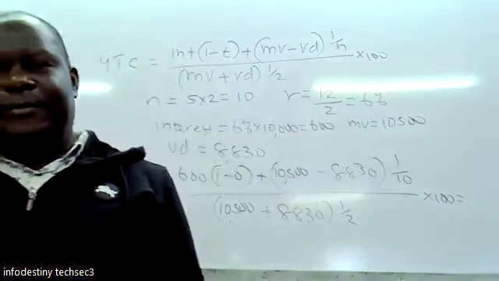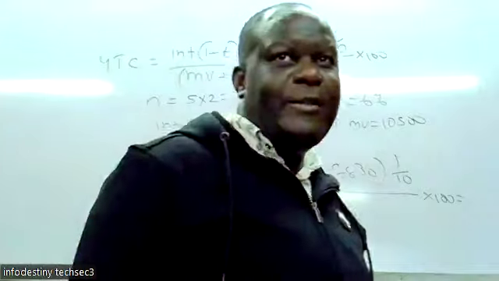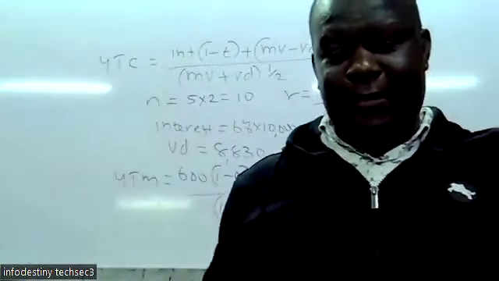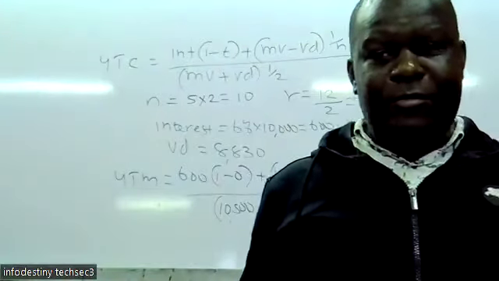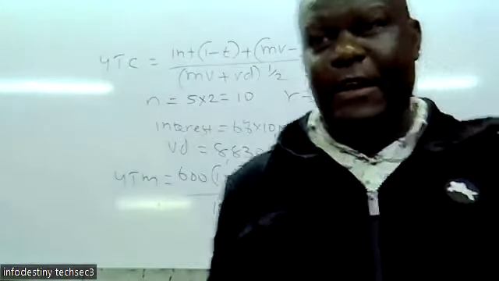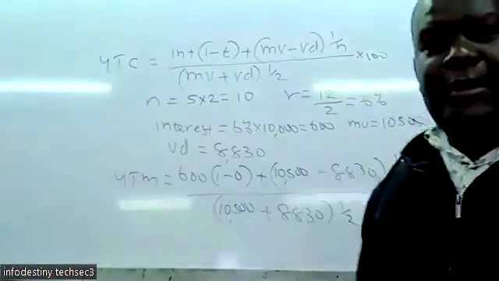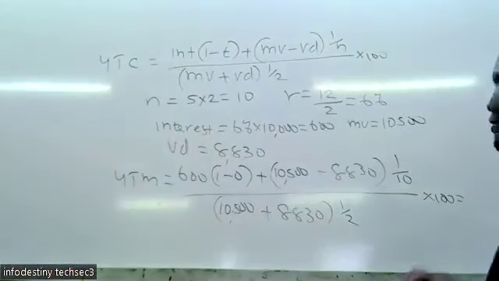So which percentage did you get when you multiply by 2? 15.87. So that is now what should be our yield to call.